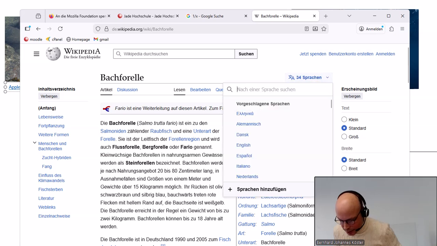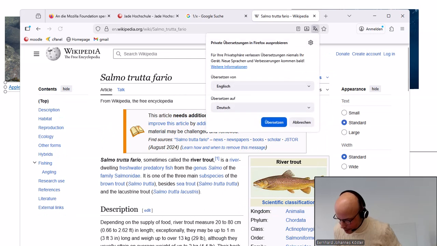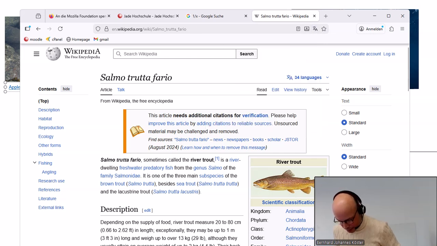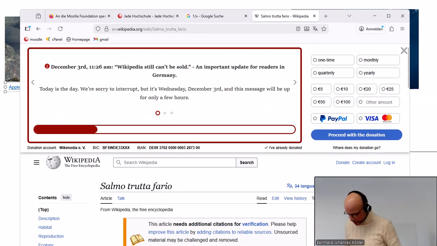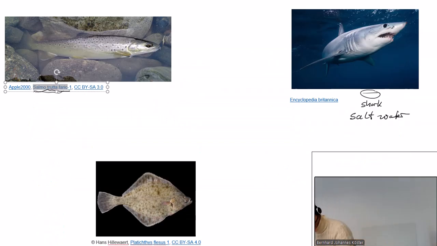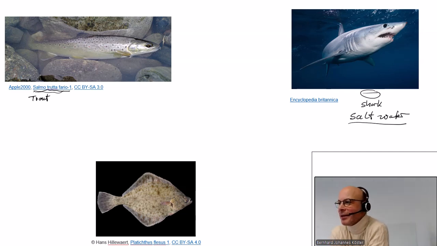And in English it is, oops, what's the English name for it? A trout, yeah. Brown trout, you said. Where's a trout living? In the river, and compared to this, it is a sweetwater fish.